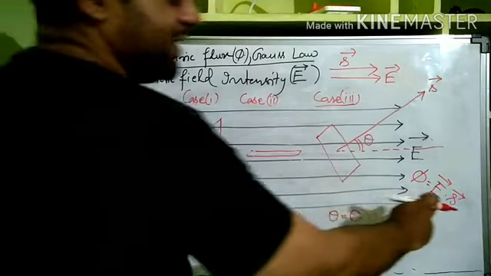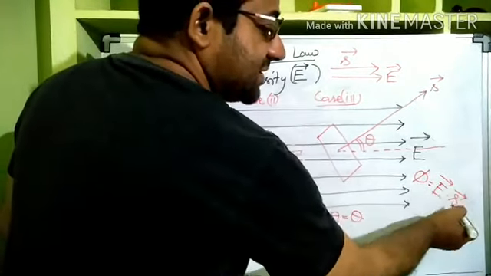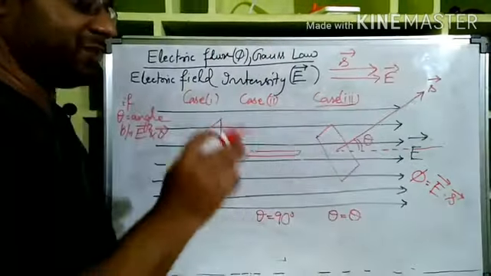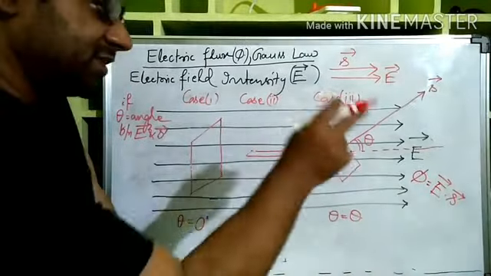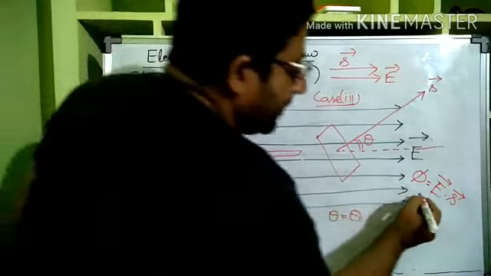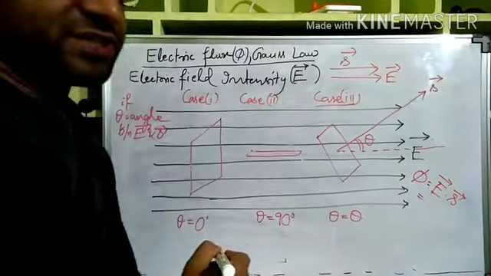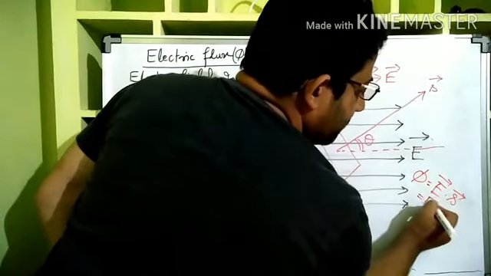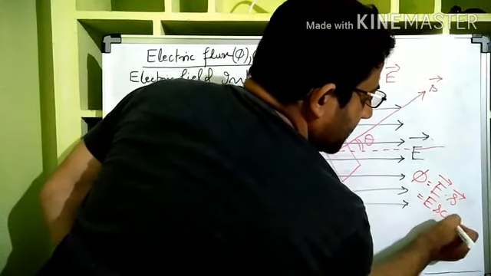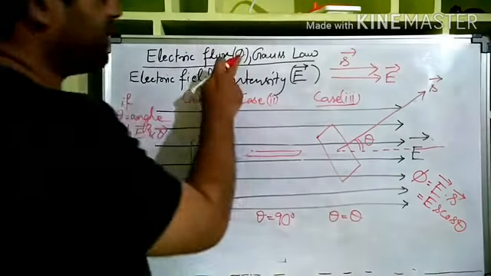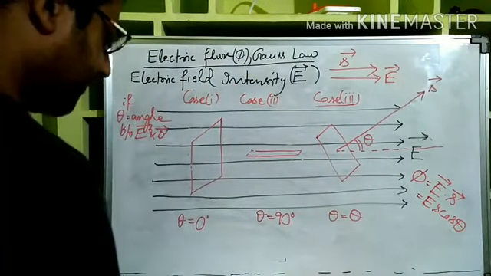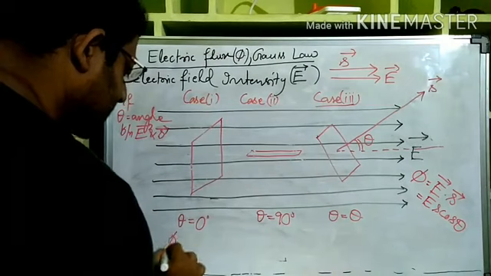Area, remember, is S associated with its direction. We know A dot B is AB cos theta. So E dot S is equal to ES cos theta. Phi is the electric flux, right? Therefore, in the first case, electric flux is equal to how much?